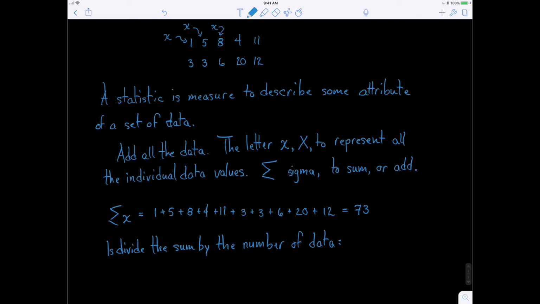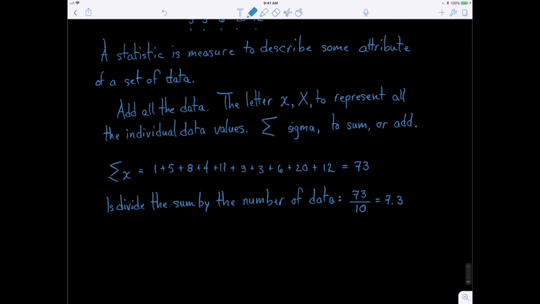In this set, if you come up here, 1, 2, 3, 4, 5, and there are 2 rows of 5, so I have 10 data values. So I would take the 73 and divide it by 10, and this would give me the result of 7.3.